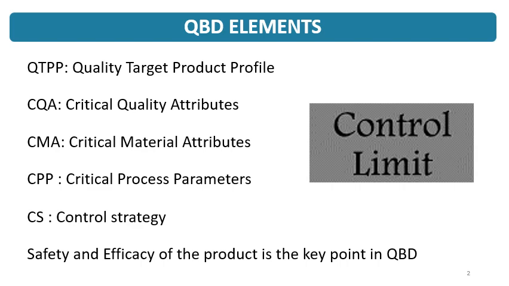So after QTPP, the CQA will come, and CQAs are those quality attributes on which the product safety and efficacy depend. Then after understanding the CQAs of the product, the things which are critical for achieving the CQAs are CMA and CPP.